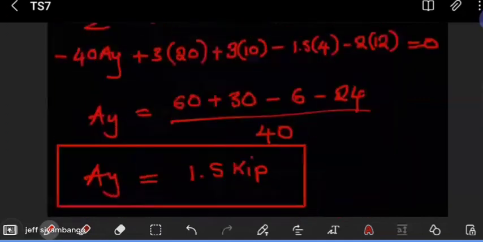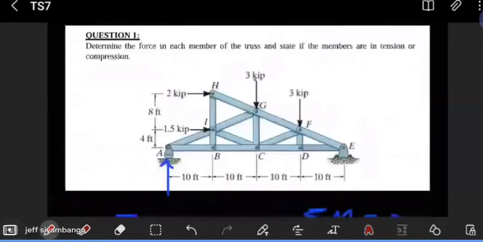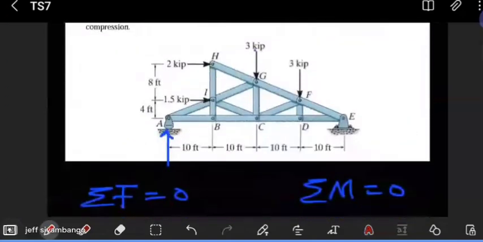To do that, let's go back to the diagram and see if we can find an angle. Well, we know from here to here, it's a 10. And from here, B to I, that is a 4. Implying that we can easily write this as a triangle and find the angle using the two sides. Or you can use ratios, but old school. So I prefer just going with the angle there.